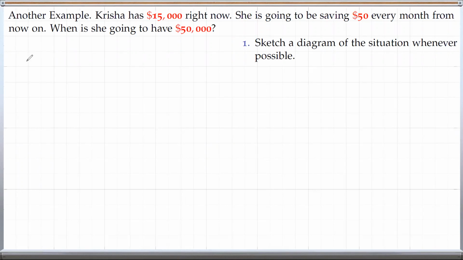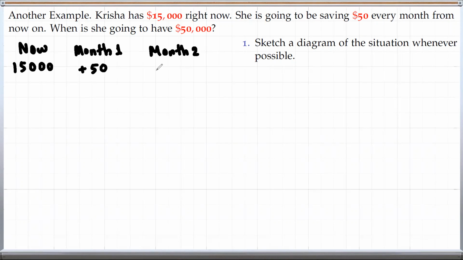So basically, right now she has 15,000, and every month she is going to add $50. So month one, she will have plus 50. Month two, she will have plus 50, and so on. So every month she is going to add $50.